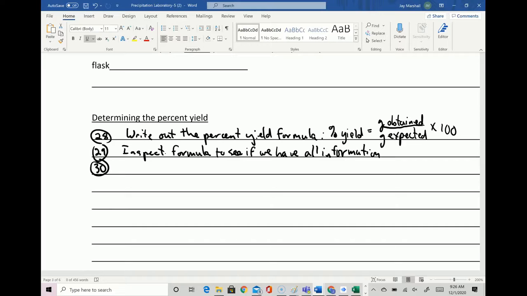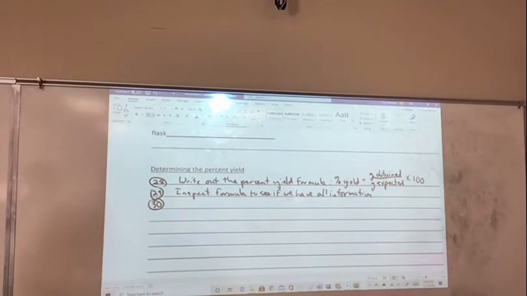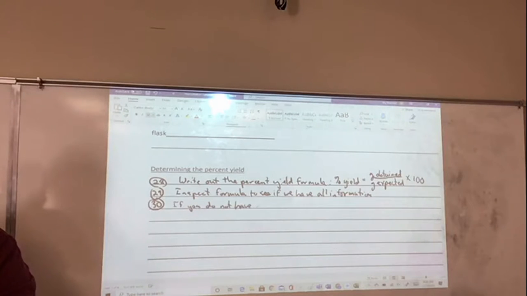Okay? So what formula do I know that will give me a number of grams? I want grams expected. What formula do I know will give me a number of grams? Okay? If you do not have grams expected, write out grams formula.